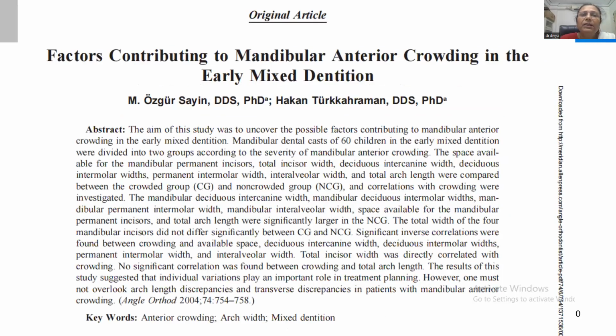Then this is about the space available and space required. The previous report considered the arch length, arch circumference, and the tooth dimension. Now there is one more report. This compared the crowded group, that is CG, to the non-crowded group.